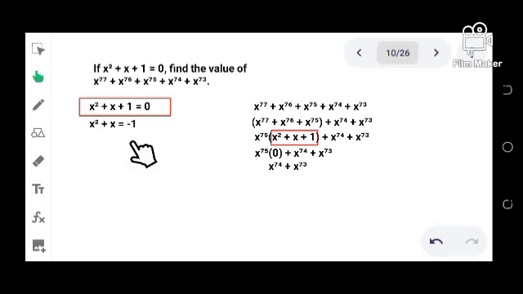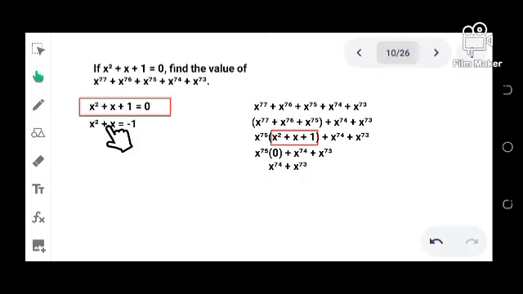So we have x squared plus x equals negative 1. The reason why we transpose the negative 1 is because we are only left with two terms, so we cannot substitute three terms to two terms. That's why we need to have two terms at least on one of the sides in order to be able to make a comparison.